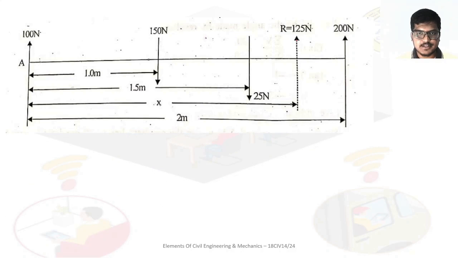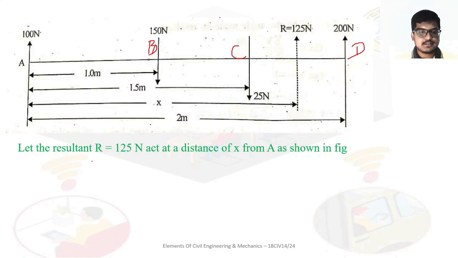A, this is B, this is C and this is D. B is at 1 meter from A, C is 1.5 meter from A and D is 2 meter from A. R acts at a distance of x from A, as shown in the figure.